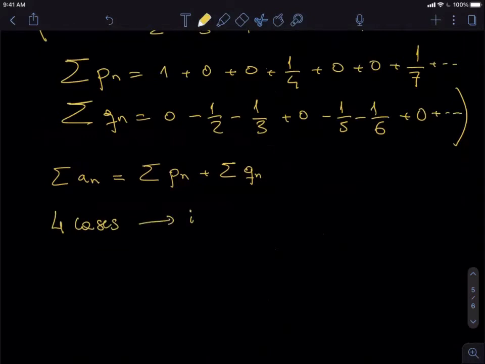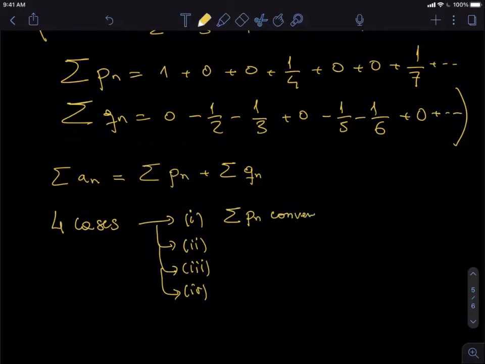The first case, well, let me write all of them, 2, 3, and 4. So the first one is that the sum of the P_n, actually both, converge.